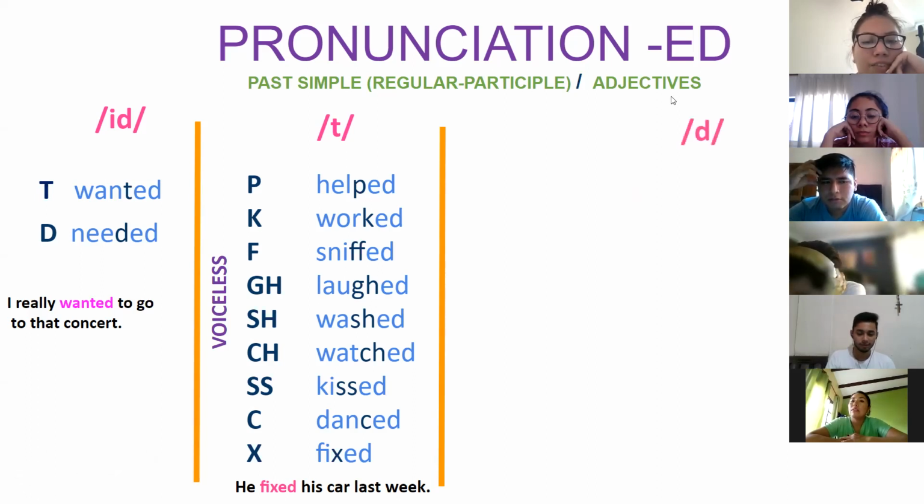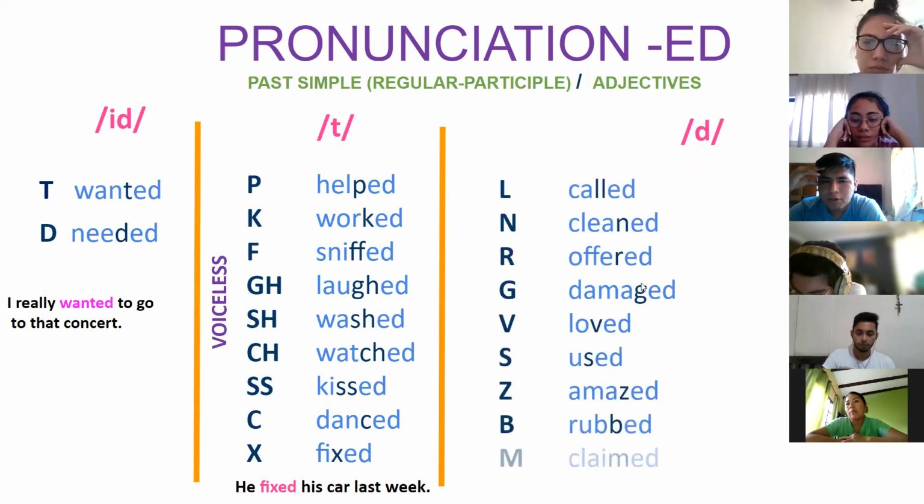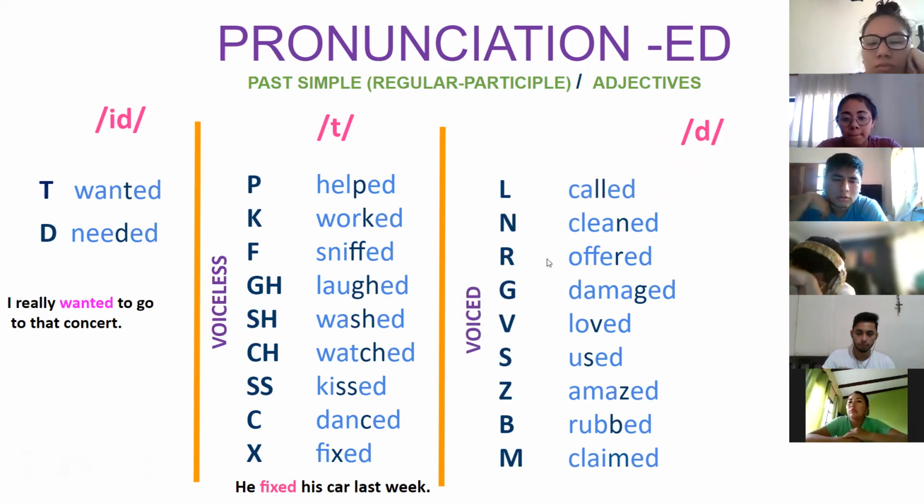Then we have the last sound, that is a D at the end. Suena como una D al final. And here we have the others. Todas estas que tenemos antes de las ed son voiced. Recuerdan que las primeras eran voiceless, que no tenían sonido, que no vibraba la garganta, pero estas sí. Cuando ustedes hacen la L solita, o la N, o la R, o la G, cualquiera de estas, nuestra garganta vibra.